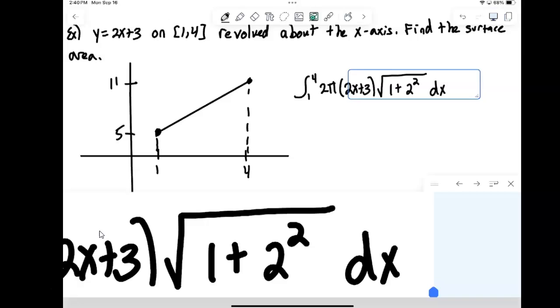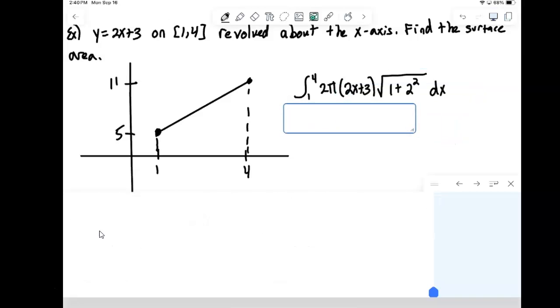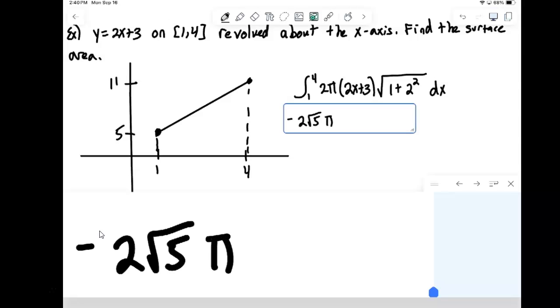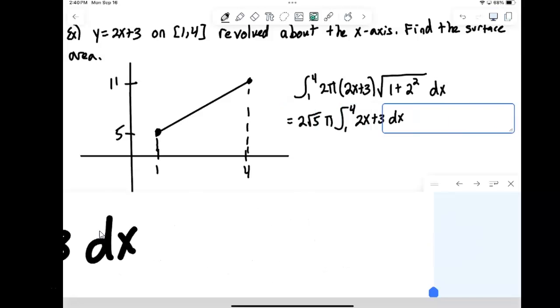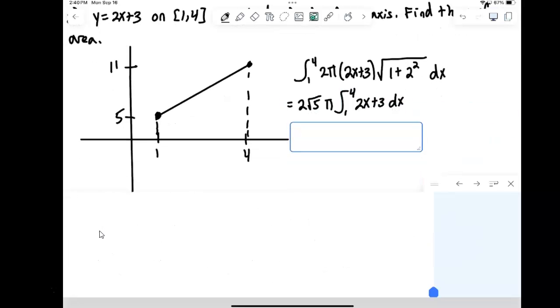So it's 1 plus 2 squared. Okay, so on the outside here, I'm going to have 2 square roots of 5 pi times the integral from 1 to 4 of 2x plus 3 dx.